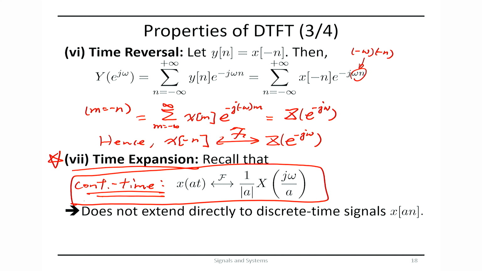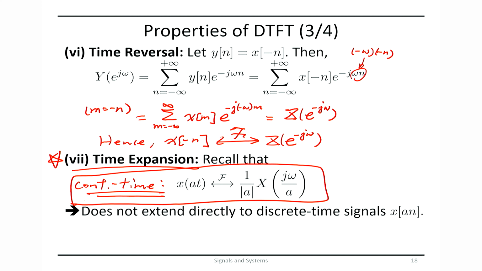If a is greater than 1, then we're compressing the signal, and if you take a Fourier transform, this will correspond to a spectrum that is stretched out. Now, if a is less than 1, then you're expanding the signal in time, but in the frequency domain, you're compressing it. So you have this opposite behavior in the time and frequency domain.